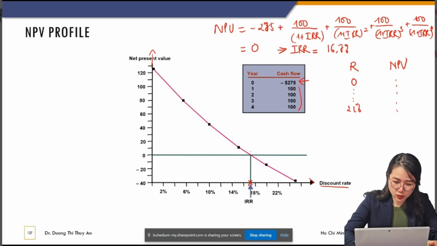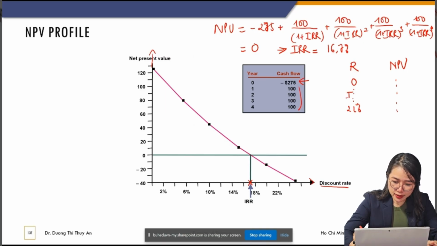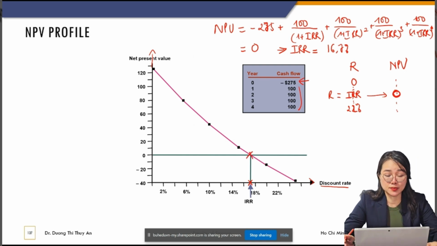At the point where R equals the IRR, somewhere here, NPV is 0. When you run the rate from 2 to 22, at the rate equal to IRR, NPV is 0. This point.